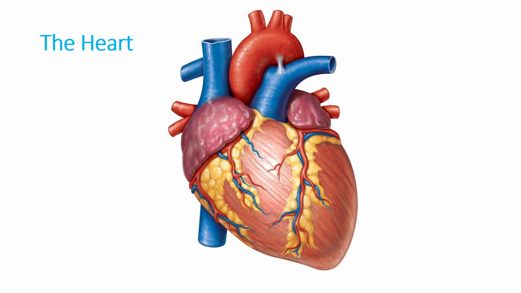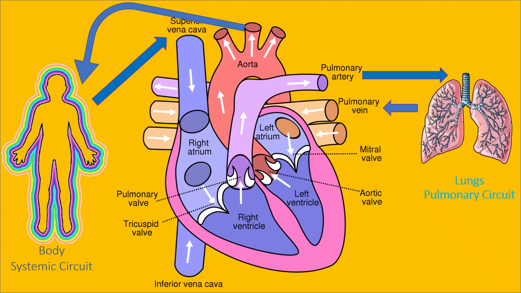The heart is the organ responsible for pumping blood all over the systemic circulation throughout the body. Blood enters through the superior and inferior vena cava to the right atrium, passing through the tricuspid valve into the right ventricle.